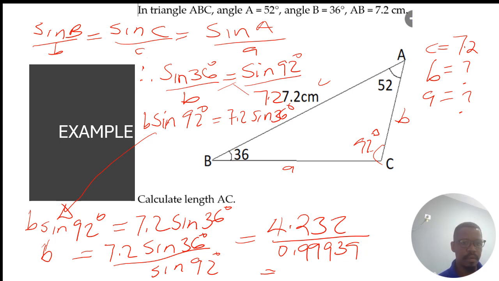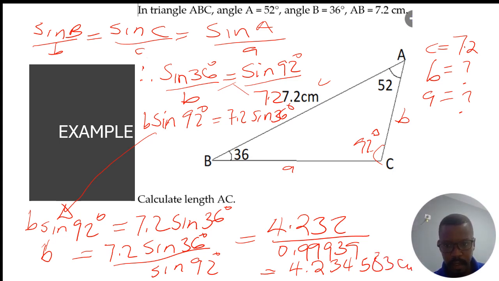So you do 4.232 divided by 0.99939. That will give you almost the same, 4.234583 centimeters.